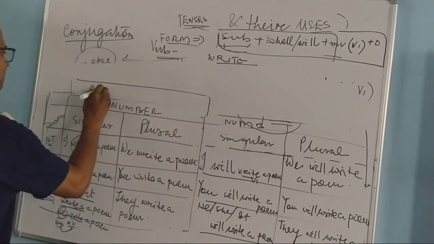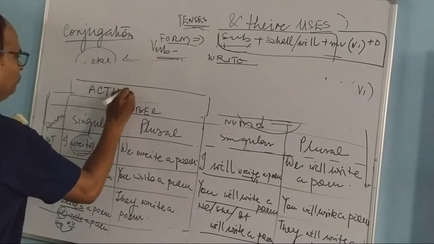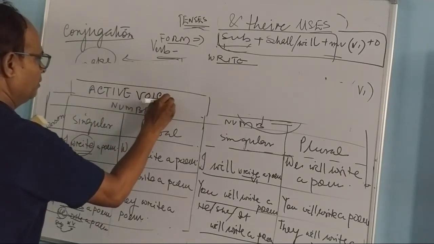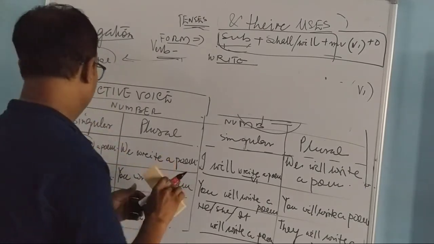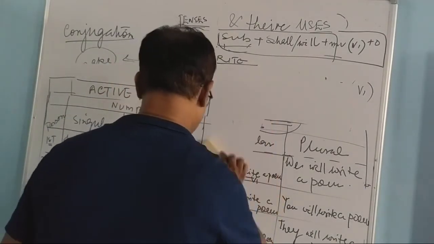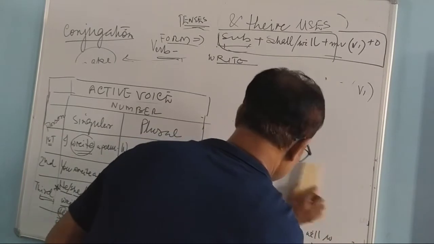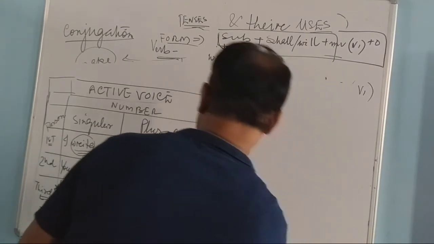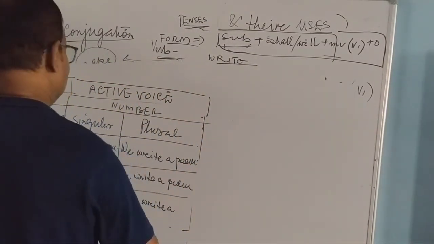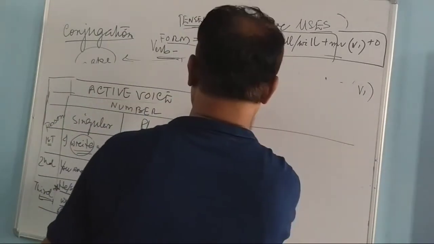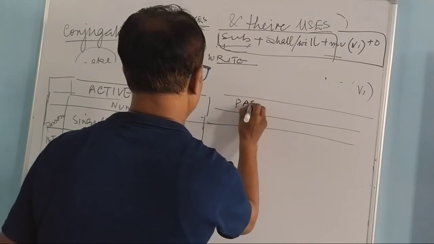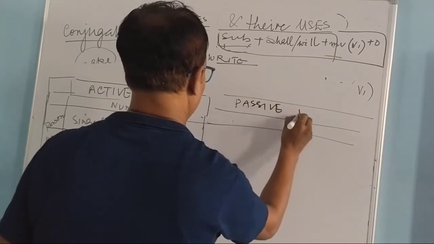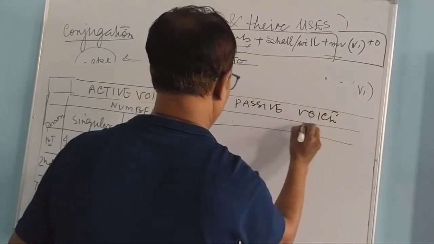So, all this part we can write as active voice. We can use this as the active voice. Suppose we are talking about the present tense. In the active voice, this is the present tense. Now, we will be using the passive voice.